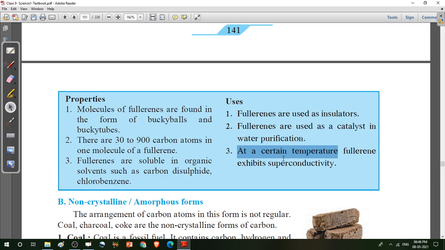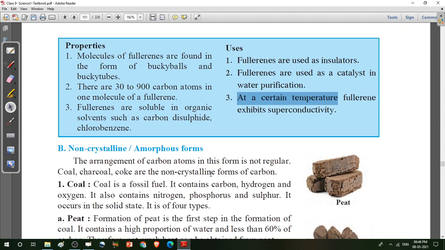And what about diamond? Diamond is not a good conductor of electricity, it is a bad conductor. Clear? Then the next one is the non-crystalline form of carbon, also called the amorphous form.